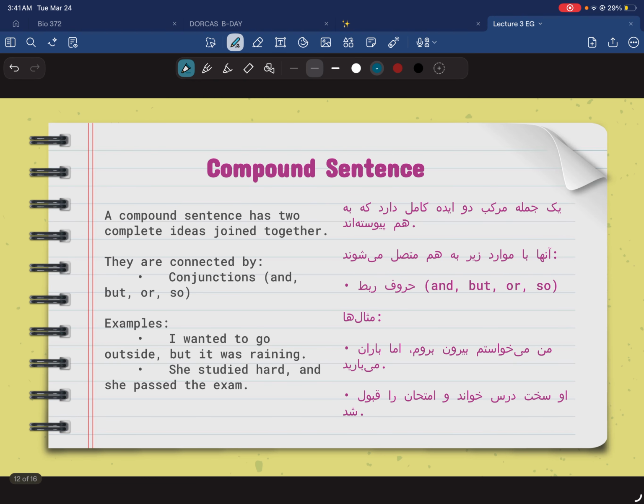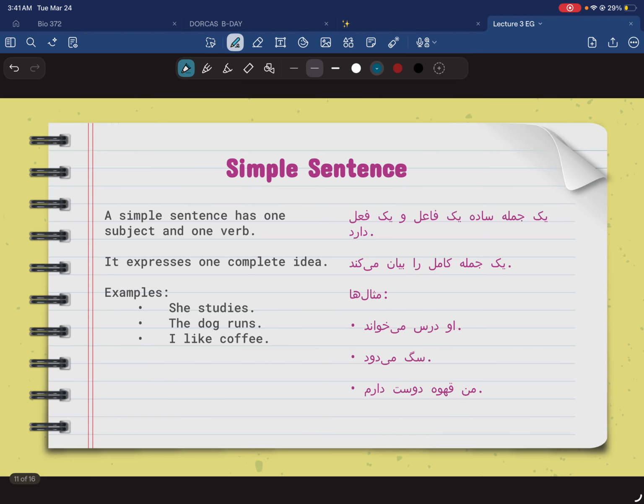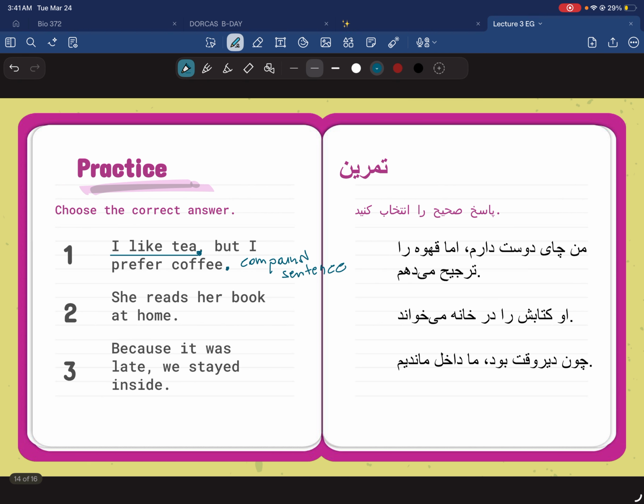A compound sentence had two complete ideas, and a simple sentence has one complete idea. So with that, which one do you think this one is? She reads her book at home is going to be just one idea, so it's going to be a simple sentence.